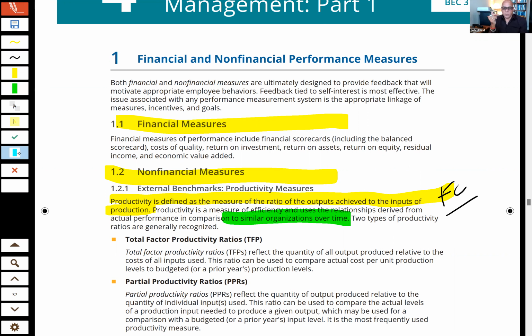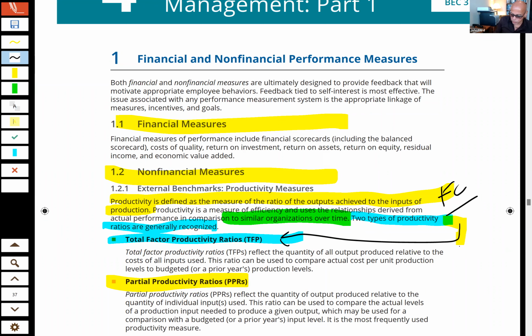Sometimes you hear productivity talked about on a countrywide level, right? Okay. Now, there are two types that are used. One is total factor productivity ratios. The other is partial. Okay. Now, go ahead and flashcard these two types, which are sort of trumpeted there, and then called out here.